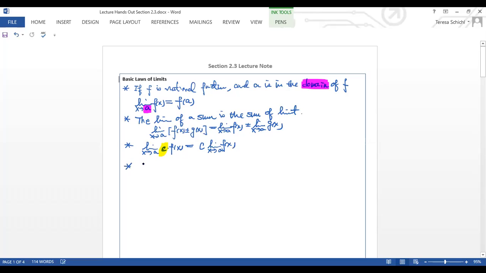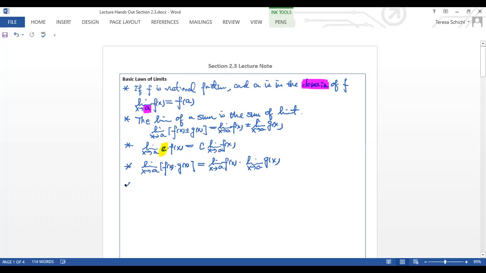The next one is the product law. If you multiply the 2 functions, f(x) times g(x), the limit as x approaches a is the limit of f(x) times the limit of g(x).